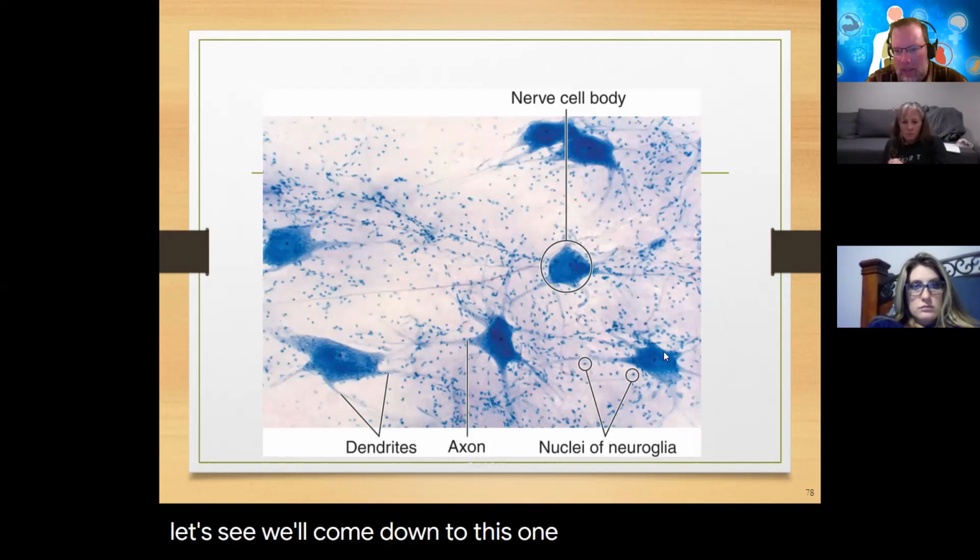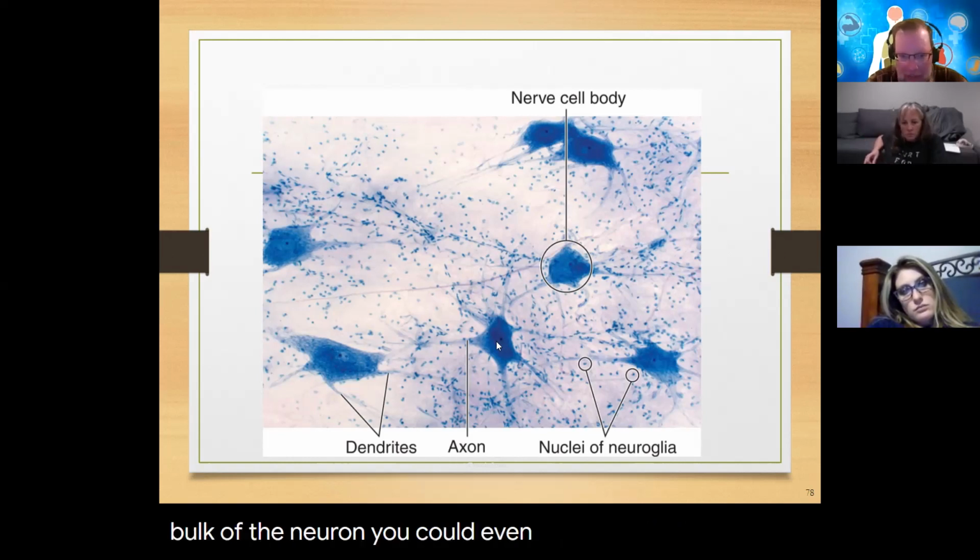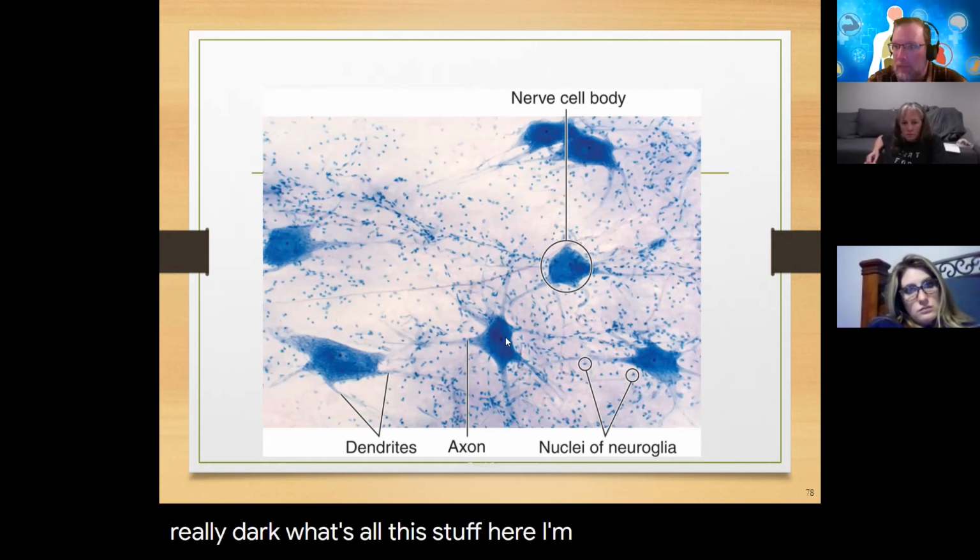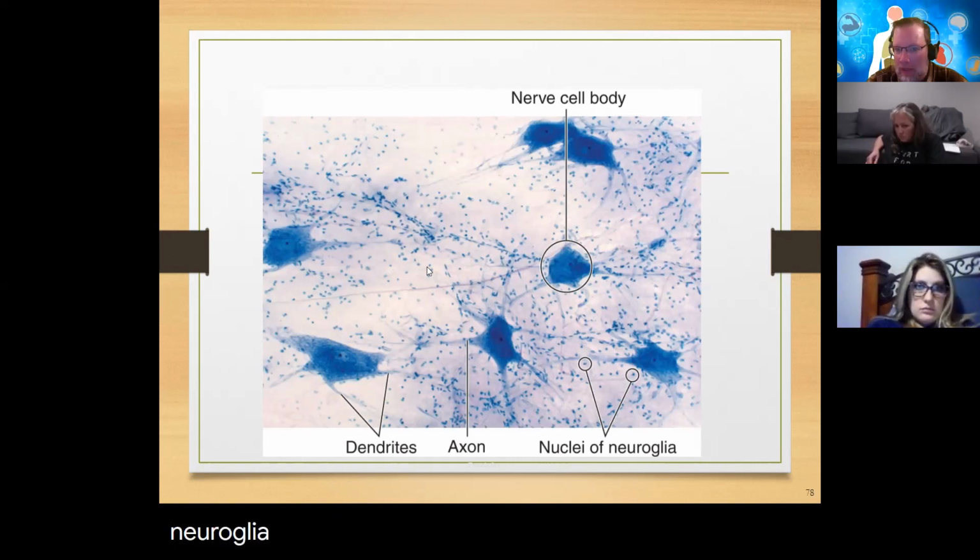When I look at a neuron, let's see, we'll come down to this one. We see the cell body of this neuron is the bulk of the neuron. You can even see the nucleus is dyed really dark. What's all of this stuff here? Remember, that's the neuroglia. Okay. All of this out here, neuroglia. You can see some lines.